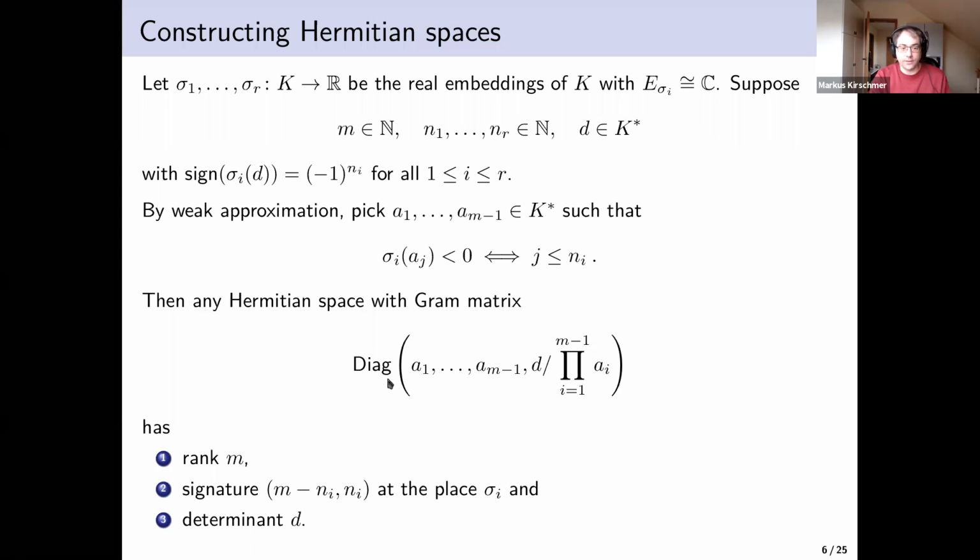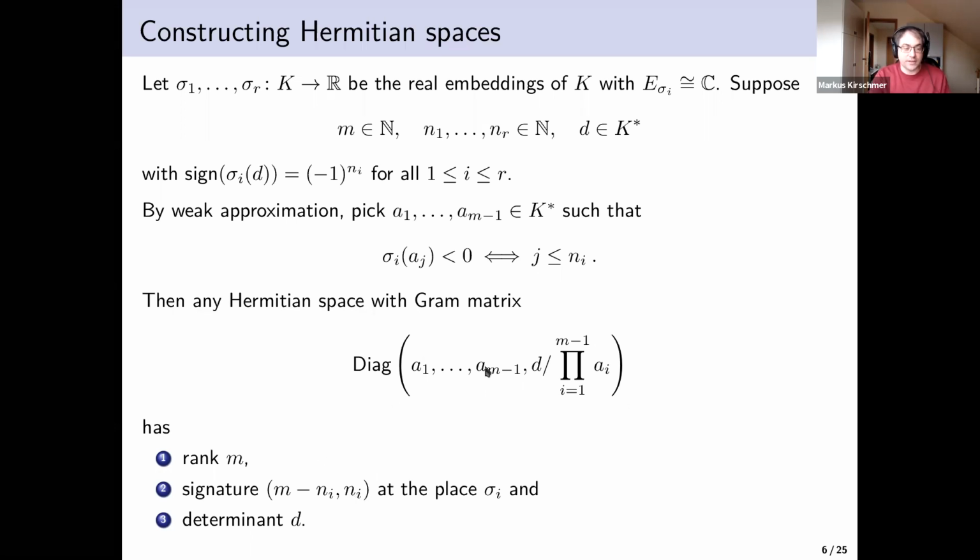I do that for all i, and then such an element will exist. So for all possible sign choices, there exists an element. So I fill up the first m-1 entries just to make sure that the signs will match up. So it has the correct number of negative entries in the beginning. And then the last entry, I just fill it up with d divided by whatever I've picked in the first m-1 places. Then obviously I have written down an m by m matrix.